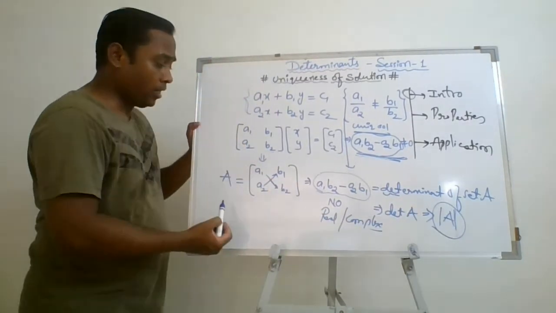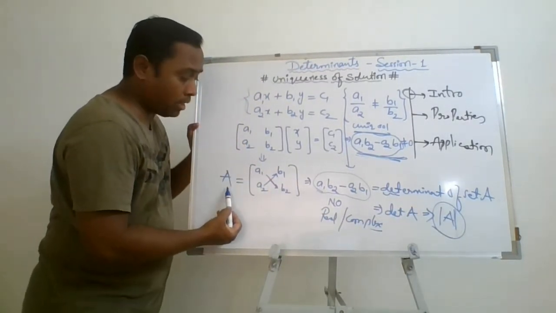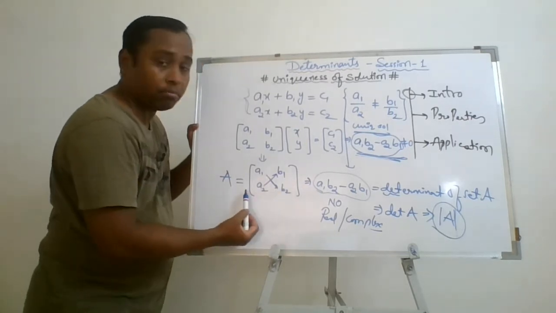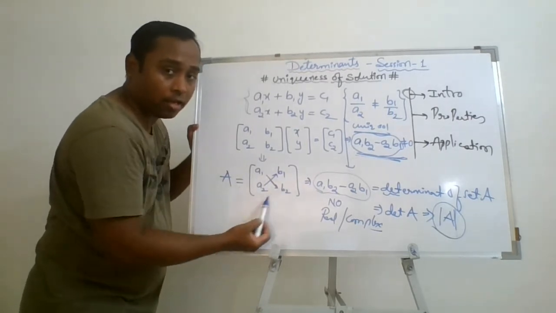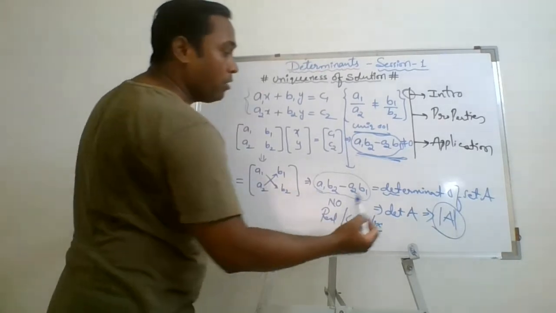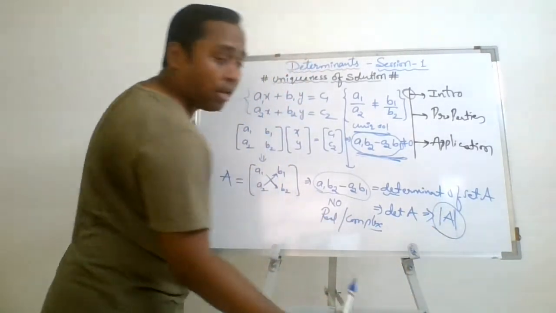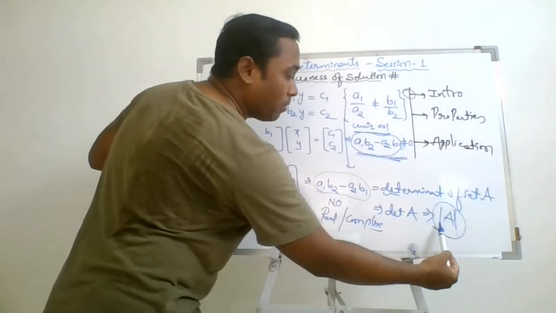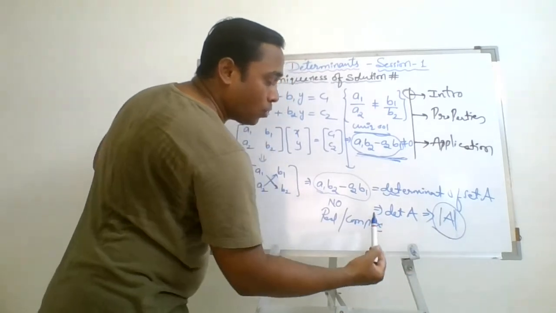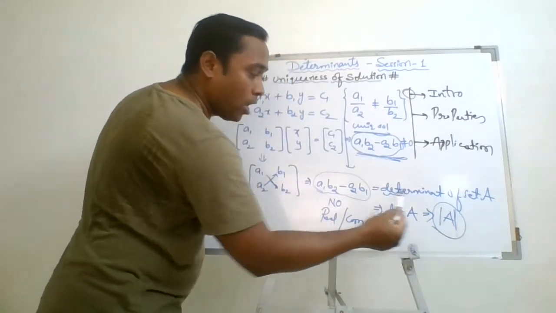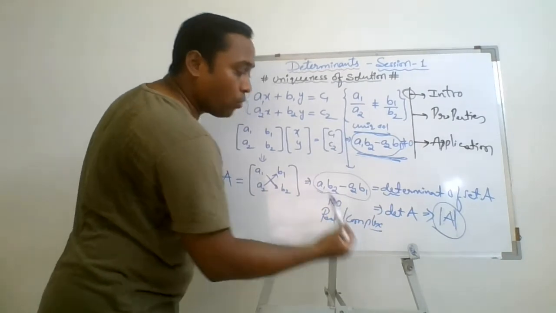So when you say the matrix A, a square matrix A, it's a collection of numbers, a rectangular arrangement of numbers. But when you say the determinant of A, the determinant of a square matrix A is always associated with a number only.